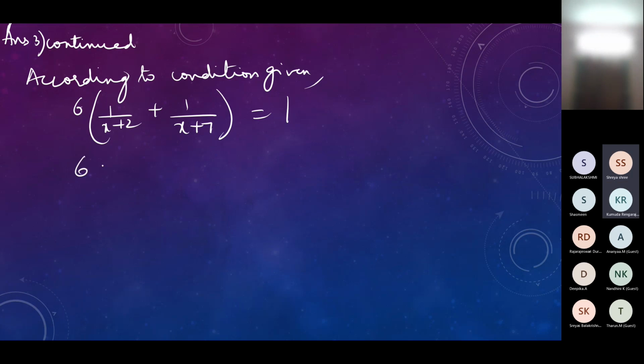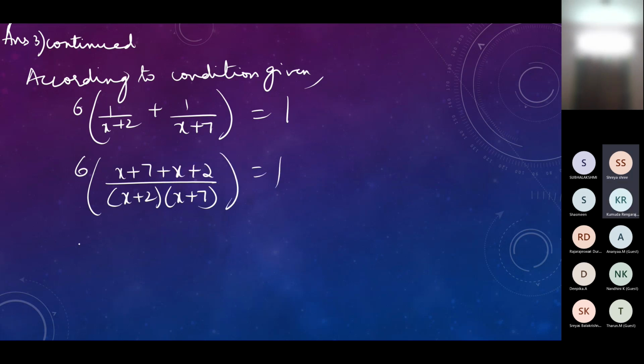Common denominator: 6, open bracket, x plus 2 into x plus 7 is the common denominator. So you get x plus 7 plus x plus 2, so 6 into 2x plus 9. You have to open up x plus 2 into x plus 7.